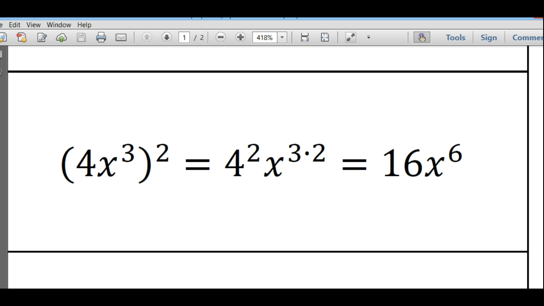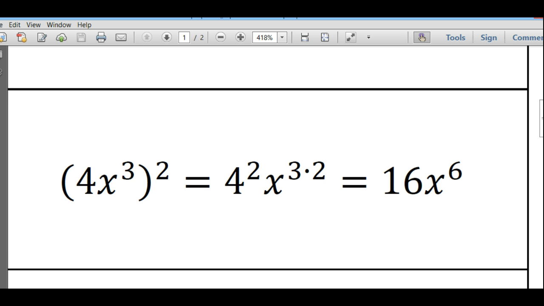That would result in 4 to the 2nd power, x to the power of 3 times 2, because again you're distributing that 2 and multiplying it times each exponent inside the parentheses. And that in return ends up with 4 squared gives us 16, and x to the power of 3 times 2 is the same thing as x to the power of 6.